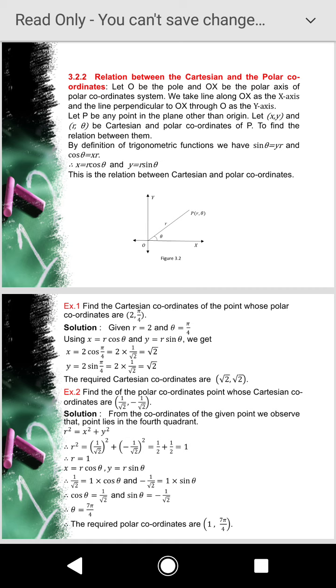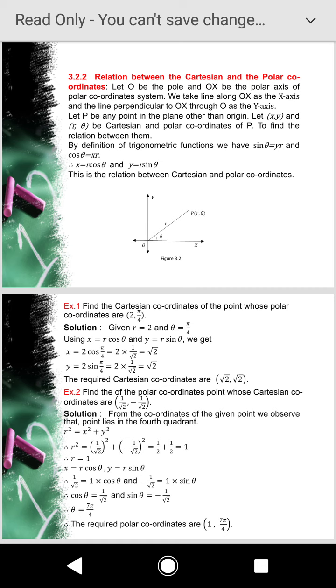Therefore, the relation between polar and Cartesian coordinates is r square equal to x square plus y square. Then r square equal to 1, so r equal to 1.